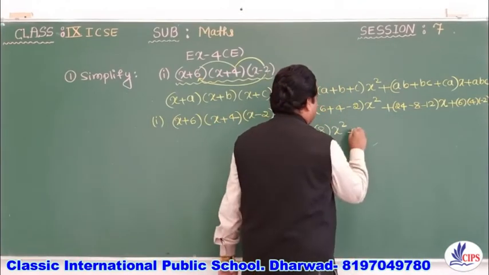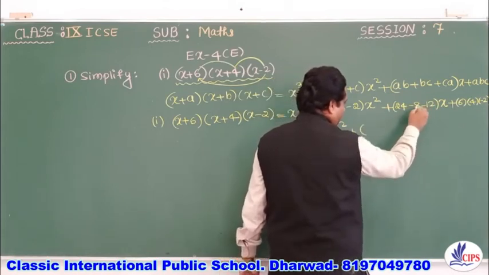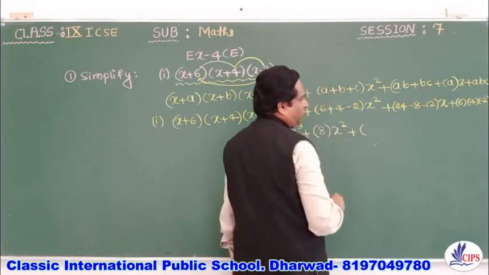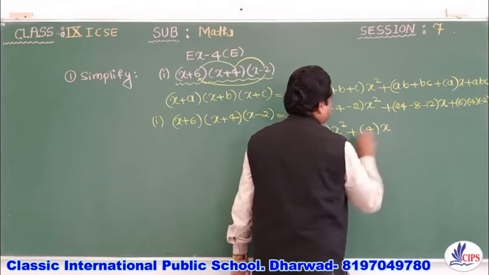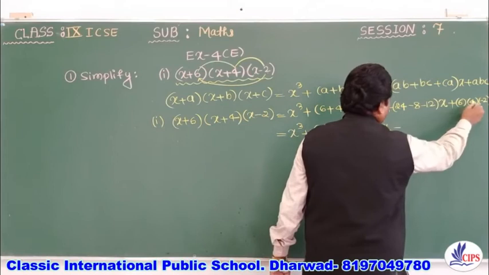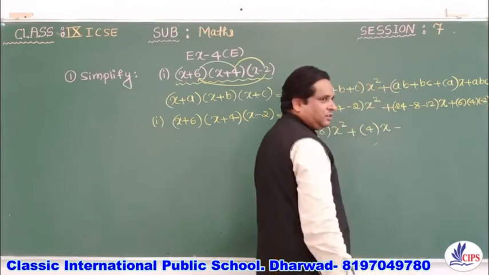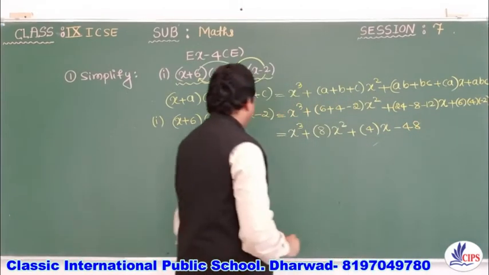It is minus 20. Correct? Minus 20 plus 24, it is plus 4 into x. Then plus into minus it is minus, 6 fours are 24. 24 twos are how much? 24 twos are 48.